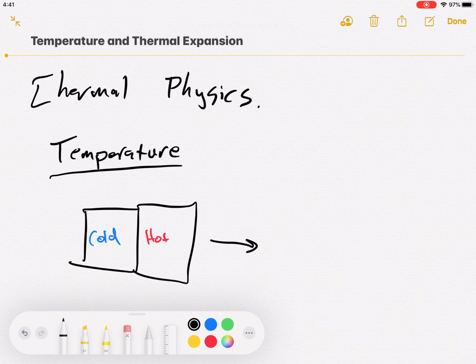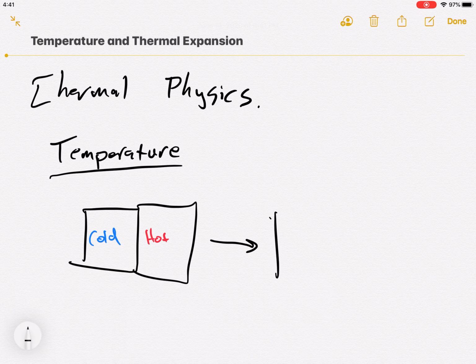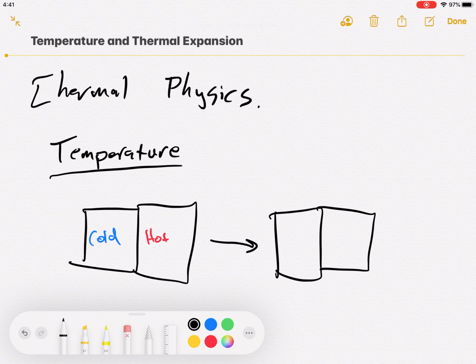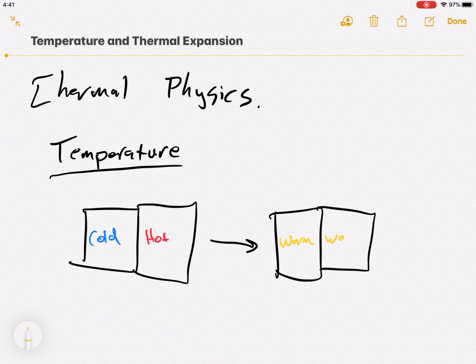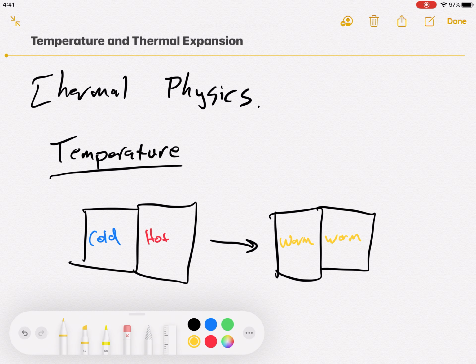Sometime later, they will have the same temperature. So we could call them both warm now, or tepid. But depending on their sizes, they may not each contain the same amount of thermal energy.